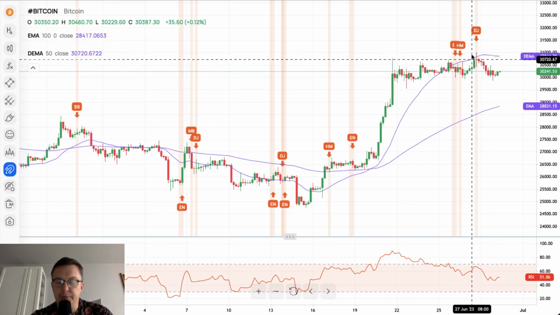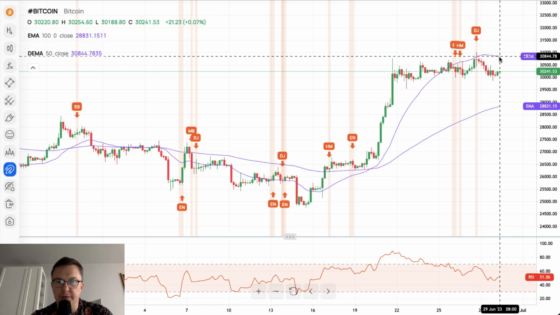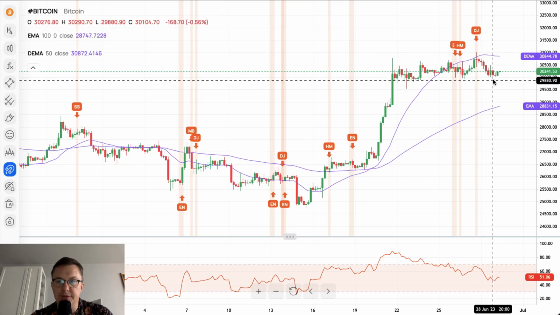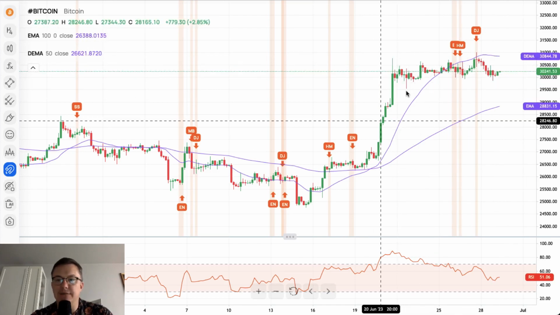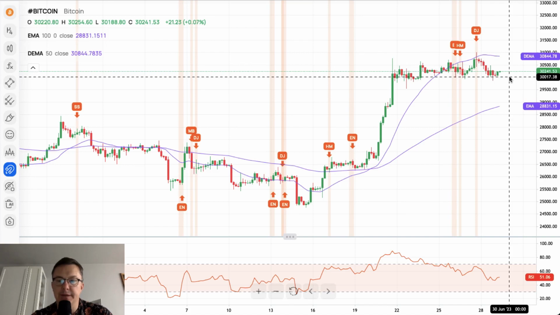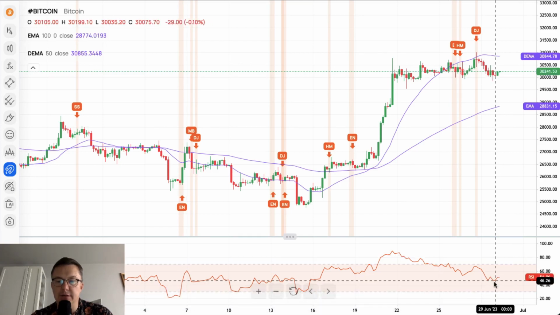Currently, the market is trading below the 50 periods moving average. The local low was made at 29,880, and this market still consolidates around the level of 30,000. Momentum is now neutral at roughly the level of 50 points.